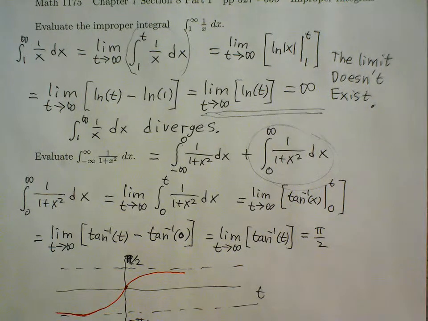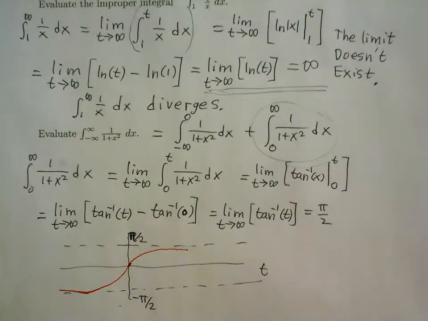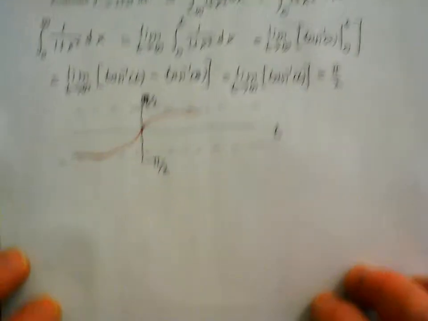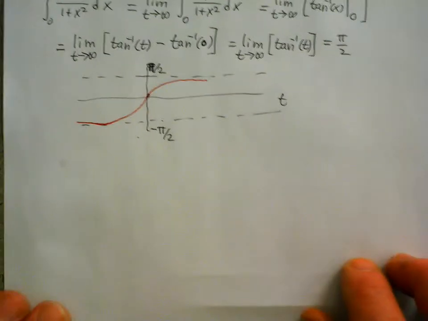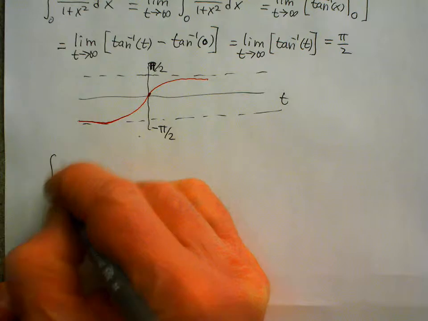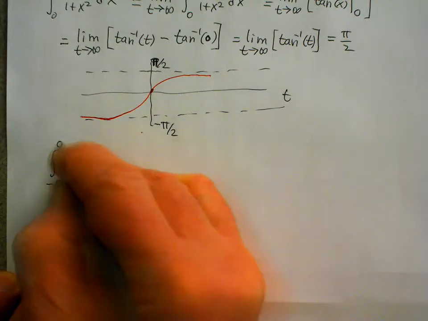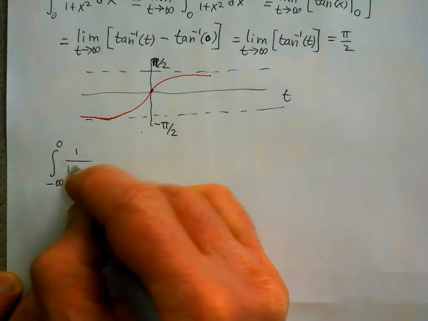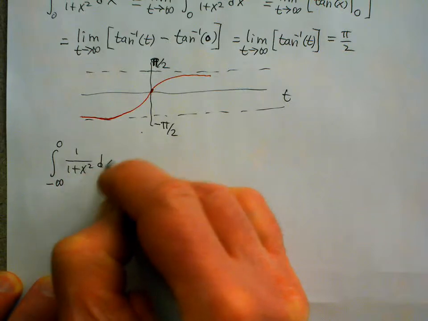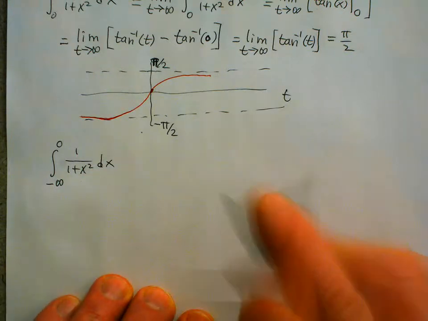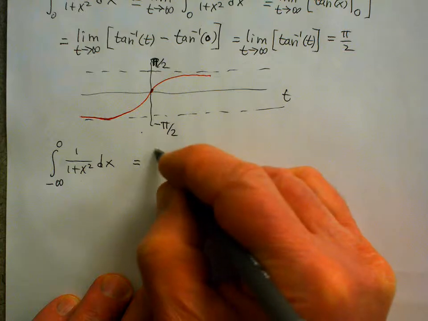Okay, the other half, so you'll know how to do this one now. The other half, this time we go from the improper integral from negative infinity to 0 of 1 over 1 plus x squared dx. So we write this as the limit.